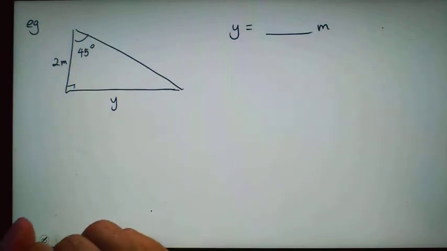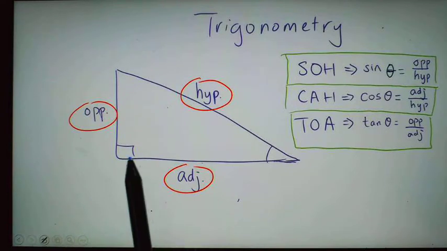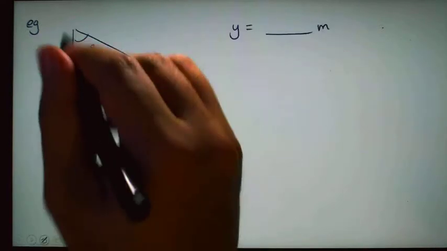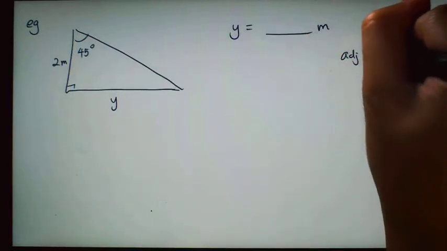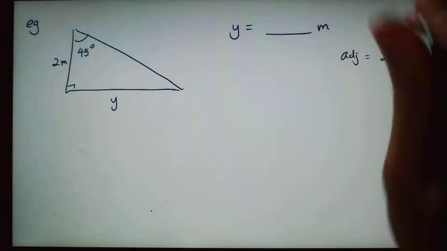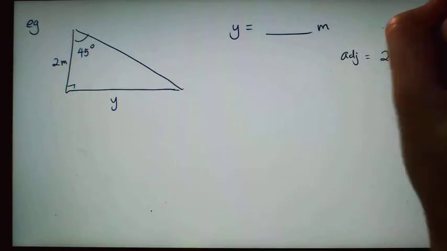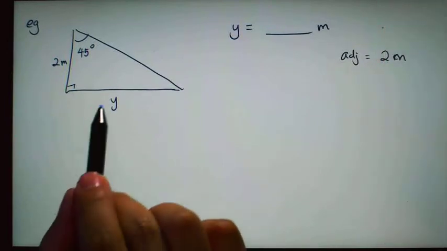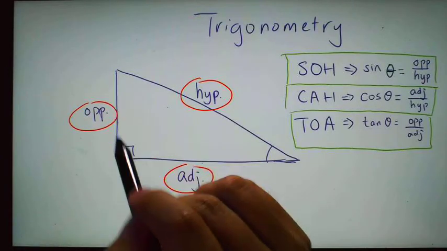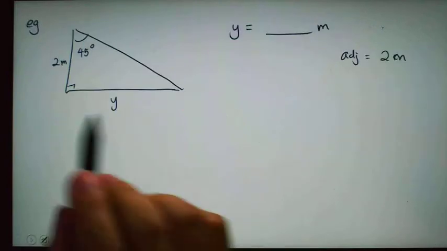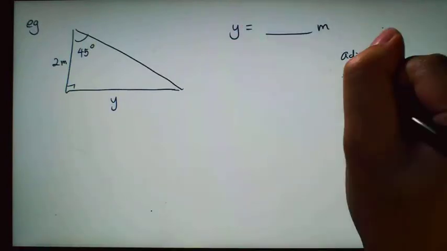Let's have a look at the previous slides. Two angles on a line is called adjacent. So this is adjacent. Oops, 2 meters, I'm sorry. Okay, what about the y? That's called the opposite. Okay, so opposite.